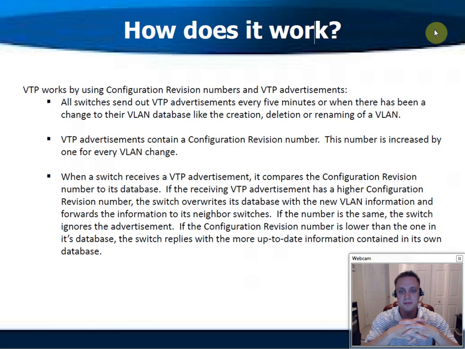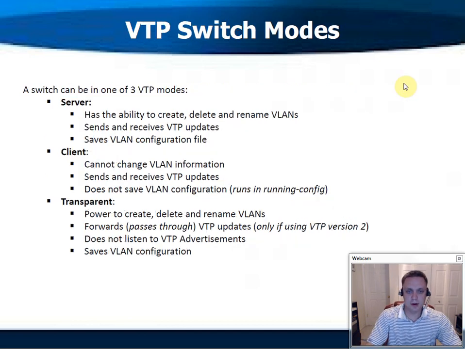It disregards the VTP advertisement. Now, if the configuration revision number being received by the switch is lower than its own, it will send an advertisement or an update to that switch and update its VLAN database. And you'll see a lot of this as we go on.